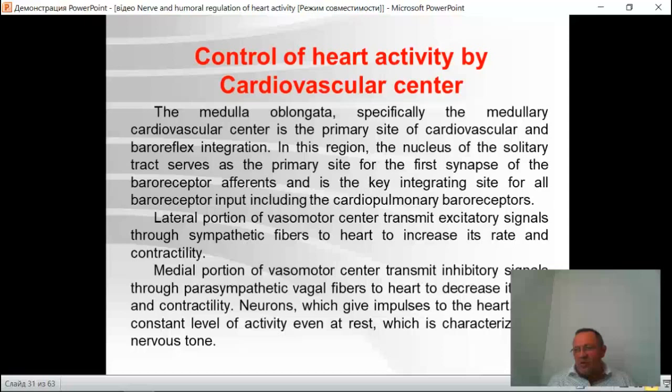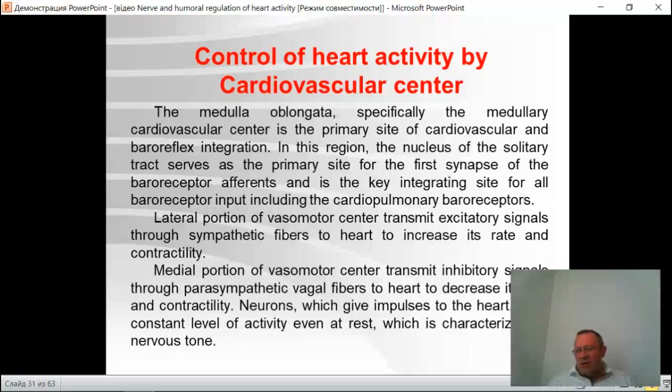The lateral portion of the vasomotor center transmits excitatory signals through the sympathetic fibers to the heart to increase its rate and contractility.